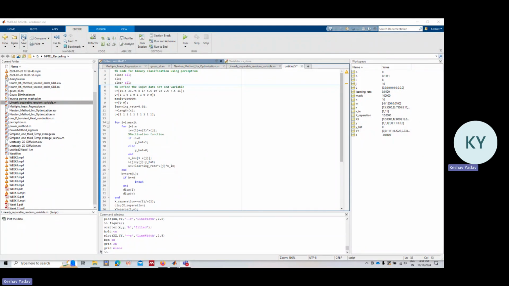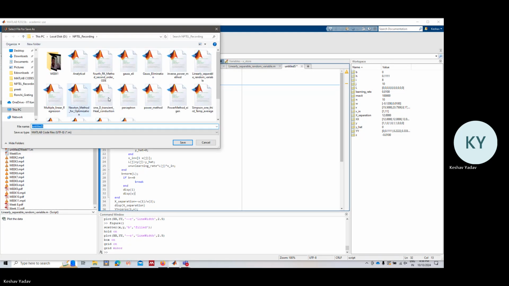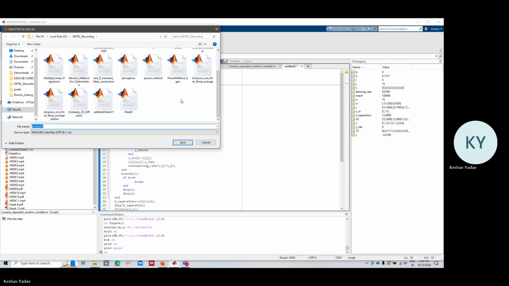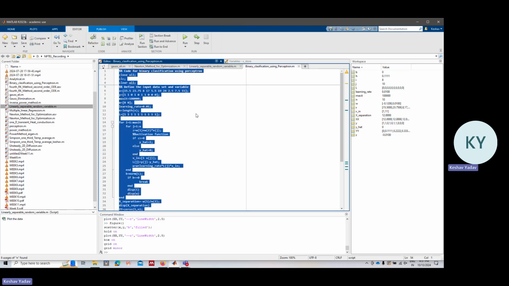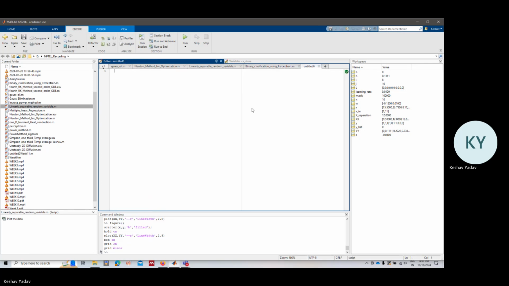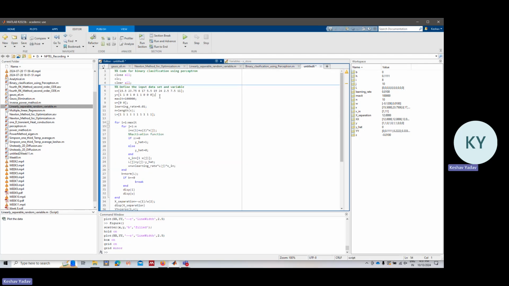Let me save this. Control A, Control C. Now I have temperature as well, no?